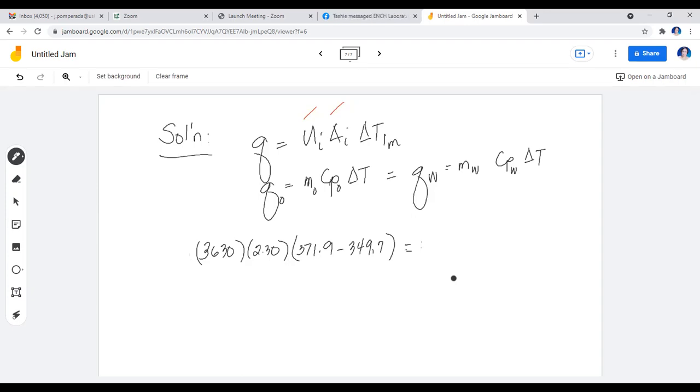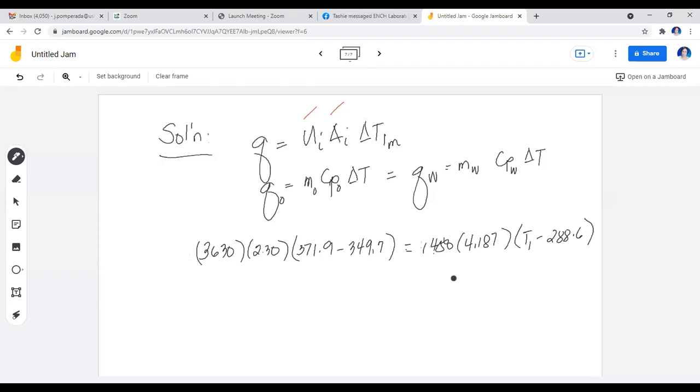So I have the mass flow rate of the water, 1,450, its Cp, which is 4.187, and the delta T. Since we're equating absolute values only, we're not concerned with the sign. So we'll have the higher temperature of the water, T sub 1, minus its inlet temperature of 288.6.